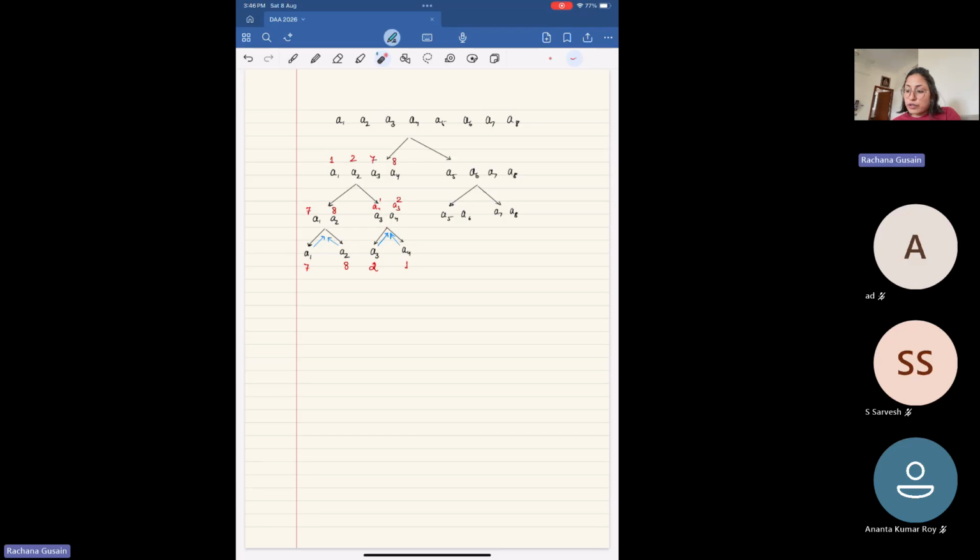Yes. If you are seeing recursion for the first time, I would highly encourage you to practice these, especially merge sort and quick sort. Once you have understood these clearly, at least how this recursion works will be clear to you.